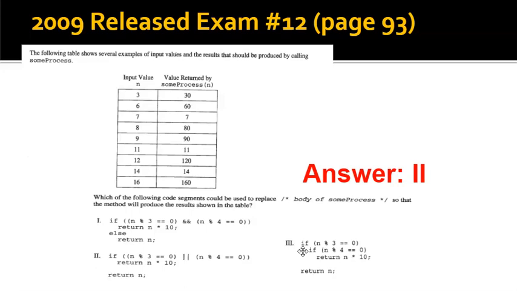If it's also divisible by 4, then we return it by 10. So really, in essence, nested if statements act like and statements. If this part is true, then I go inside, and then if this is also true, then I would return times 10 and show that the result is 10 times whatever n's value is.